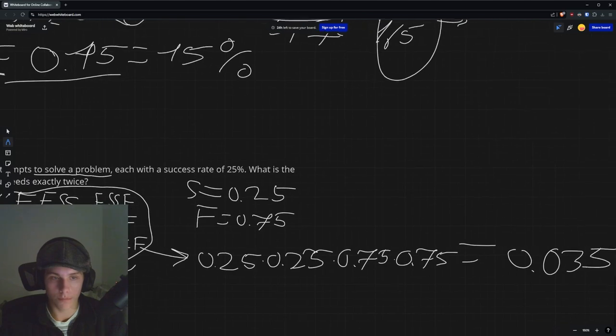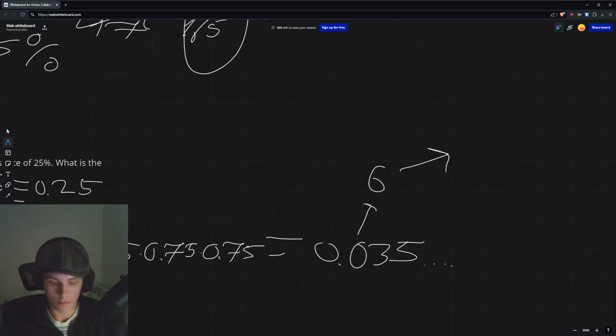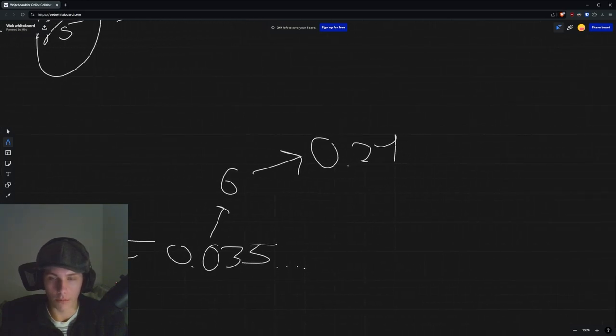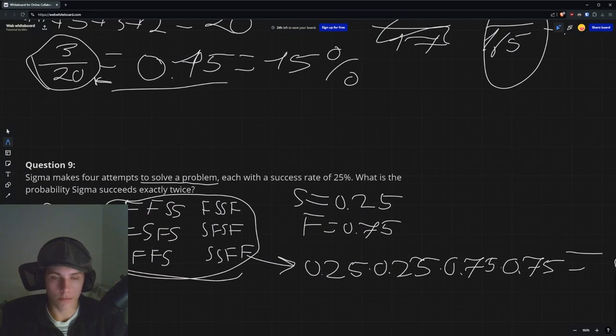We'll just round it off for now. And because it's 6 of them, we times it by 6, which gives us 0.2109. So I'll just leave it as 0.21, which is a 21% chance to solve exactly twice.